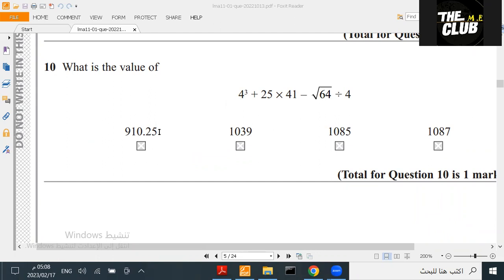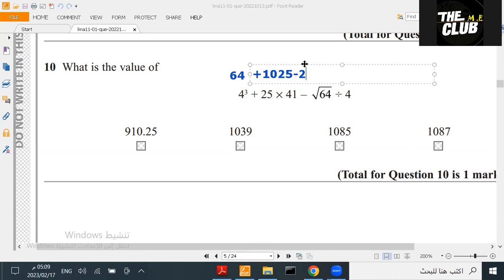لما تقول له 4 power of 3 هتجد 64 معناها هنا 64. I'll do you some steps here so you can understand. هذه 25 times 41 so plus 25 times 41 هتجد 1025 the minus 64 under the root هتكون square root of 64 هتجد 8 وبعدين 8 هذه divide 4 هتطلع 2 تمام.